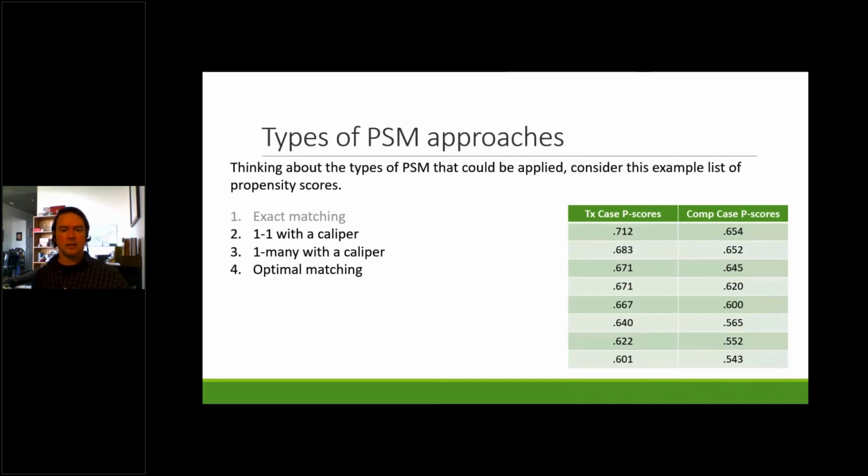So thinking about the types of PSM that could be applied, consider this example list of propensity scores for treatment and comparison cases. And this is just an example. I just use this as a visual supplement. It's not necessarily supposed to be indicative of exactly how these mechanisms work. So don't overly scrutinize them. It's just to give you a visual representation.